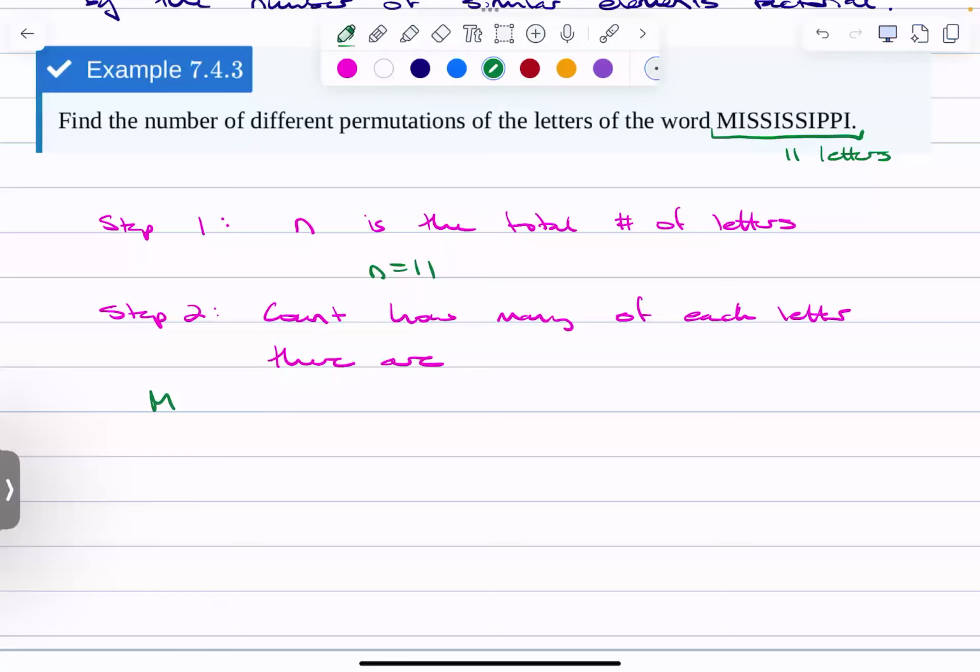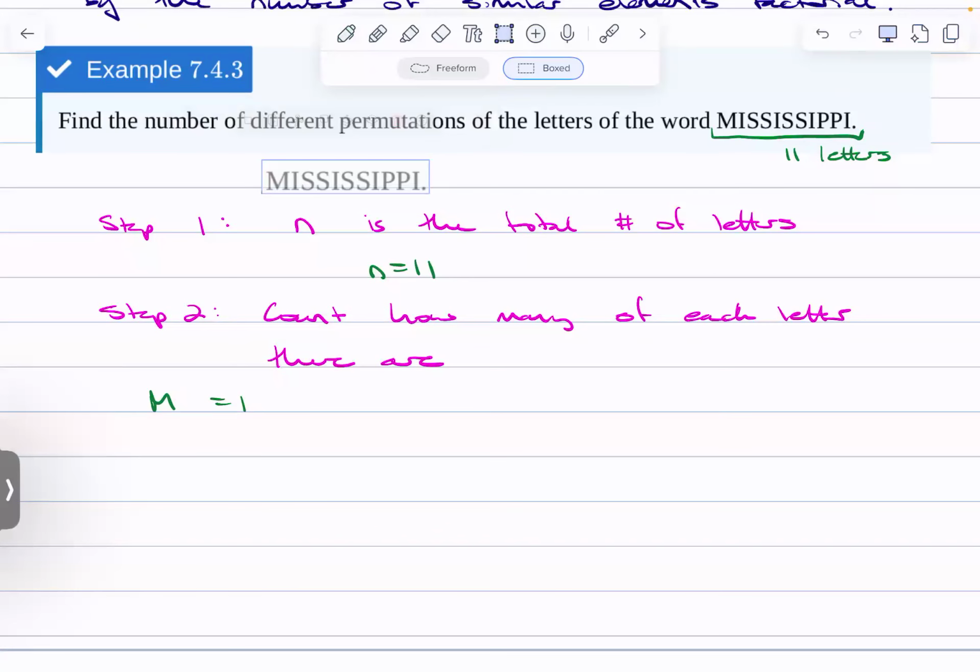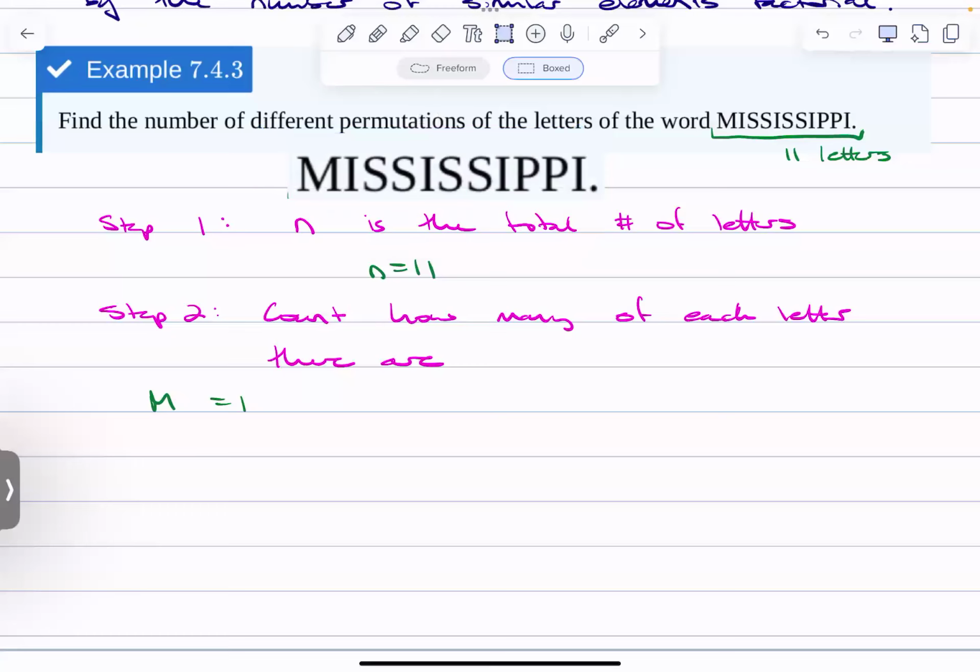I like to list all of them. There's one M. In fact, what I'll do for this one is kind of blow it up and cross them out as I go, because I want to make sure that I catch them all.